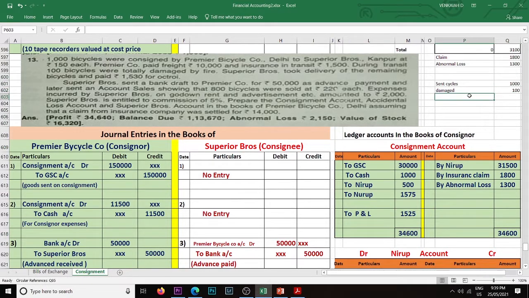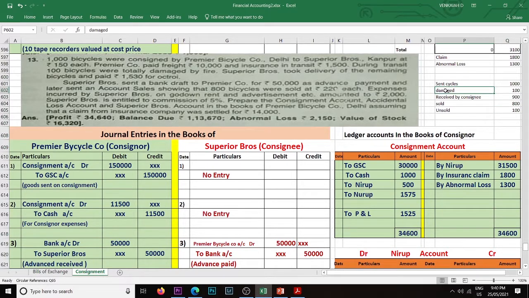Received by consignee 900 only. Out of 900, sold how much? 800. Now it is learnt that unsold are 100.